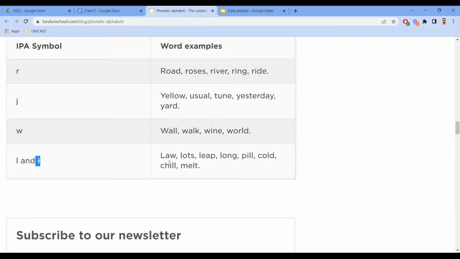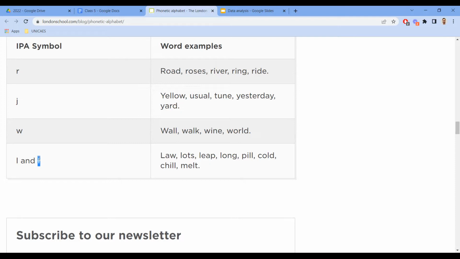So basically, this is the first sound. This consonant is when it comes at the beginning, low. But the one that is at the end is this one, because the way you roll the L is different. Pill is different the way you roll it.